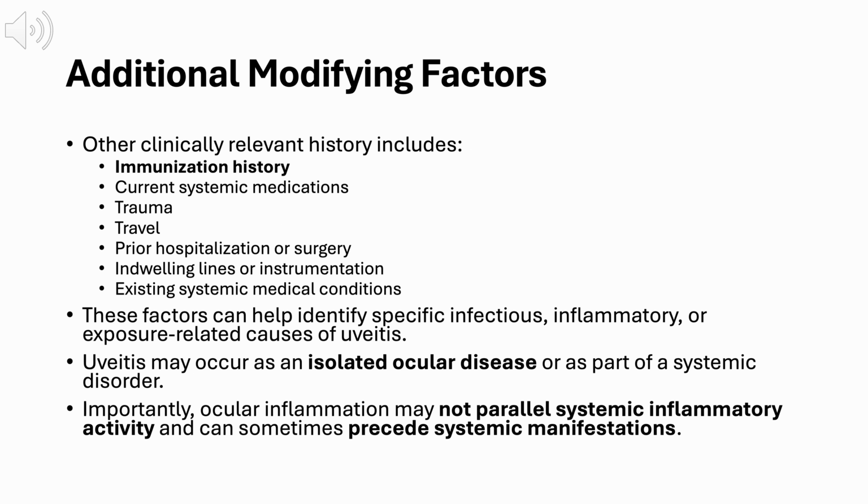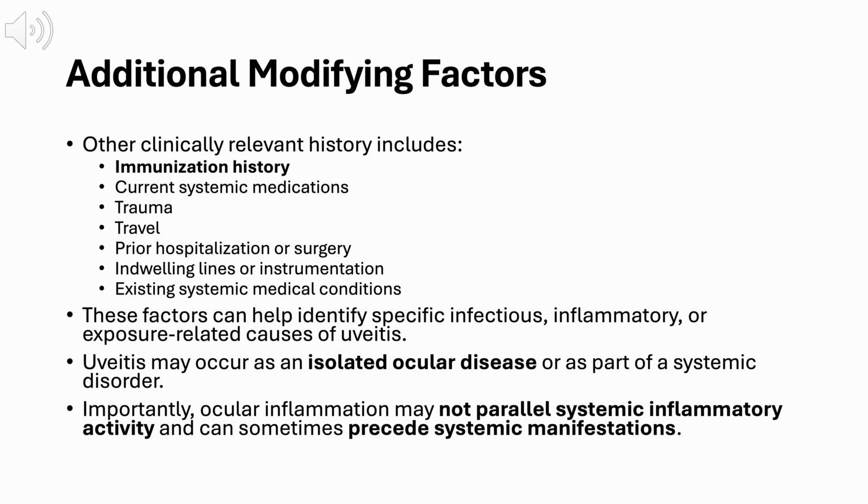A few more historical factors round out the picture: immunization history, current systemic medications, trauma, travel, prior hospitalization or surgery, indwelling lines or instrumentation, and existing medical conditions. Any of these can point to a specific infectious, inflammatory, or exposure-related cause.